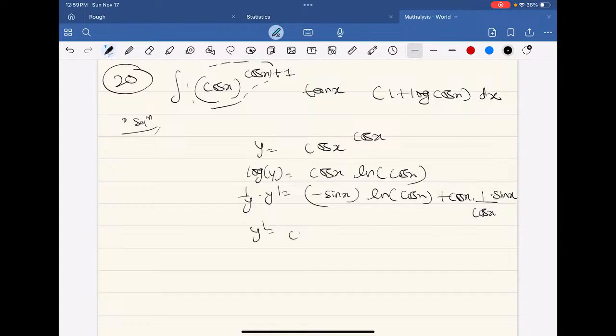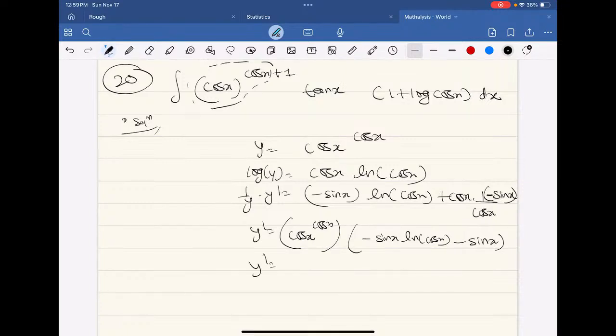So y dash will be cos x to the power cos x times, and this is minus sin x actually, right? Yeah, and that is minus sin x.